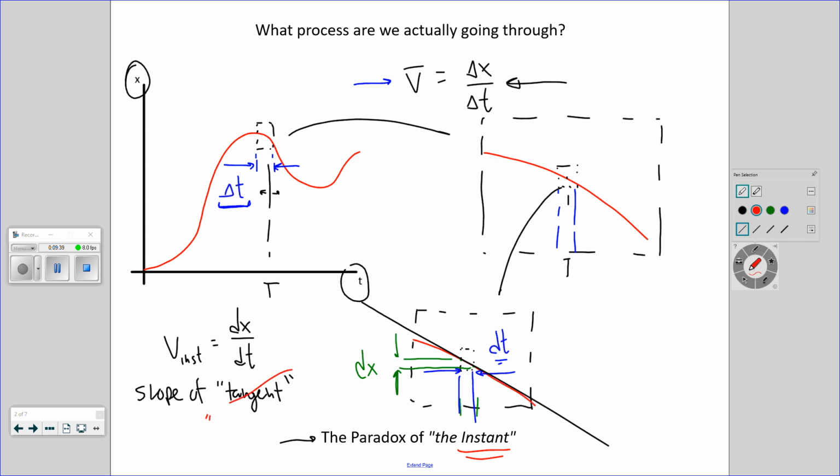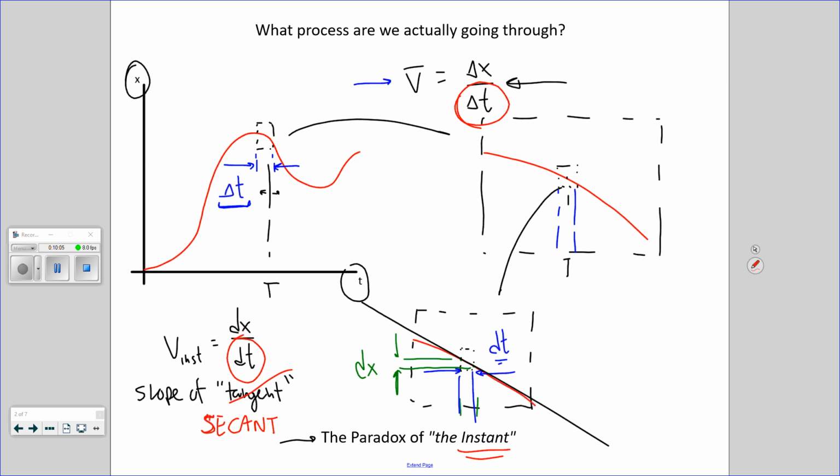It's just worth saying, because again, the tangent touches at one instant. We have to talk about what has happened as a function of time. So we have to touch in two places. We have to evaluate this function at two places and see what the change in position was, and how long that took.